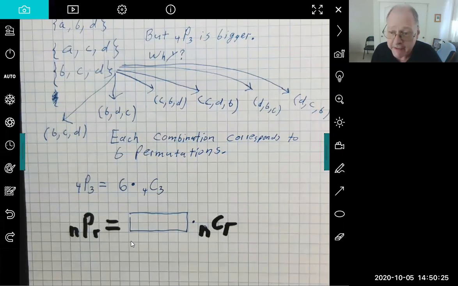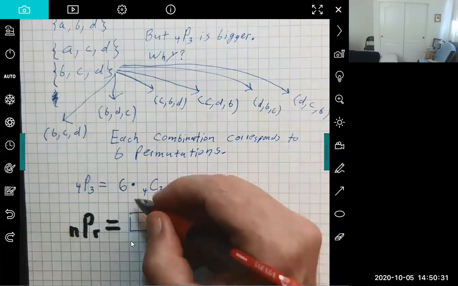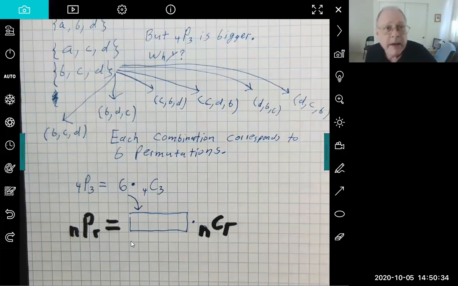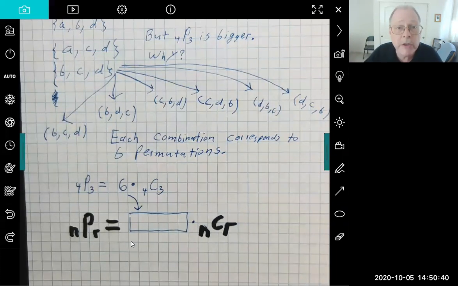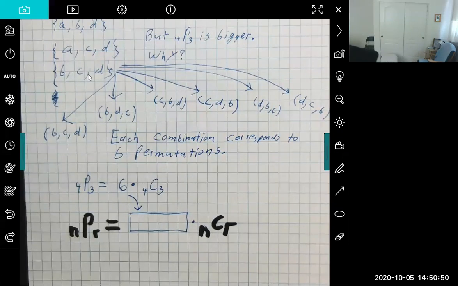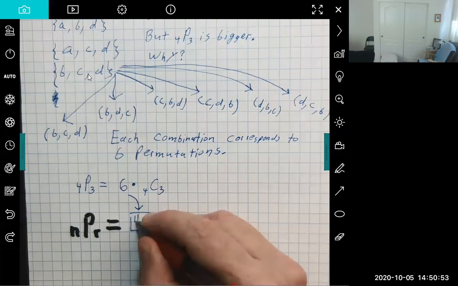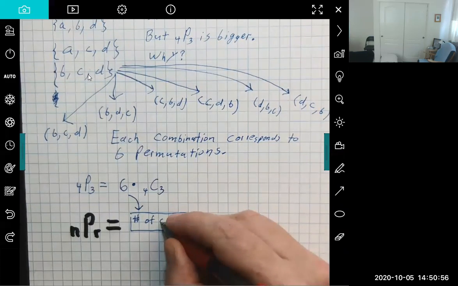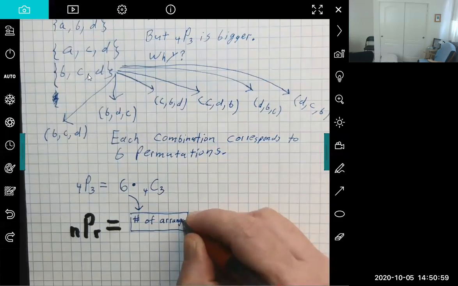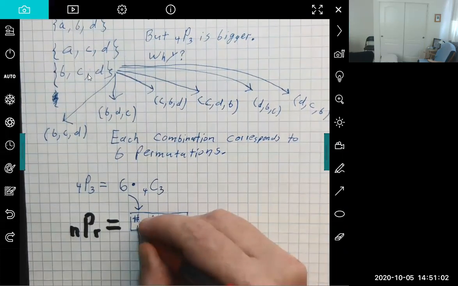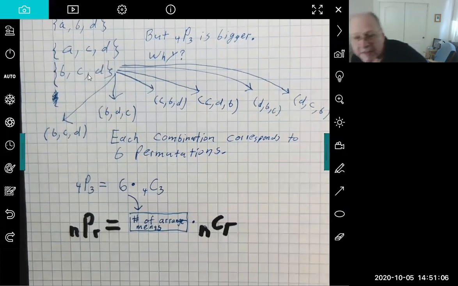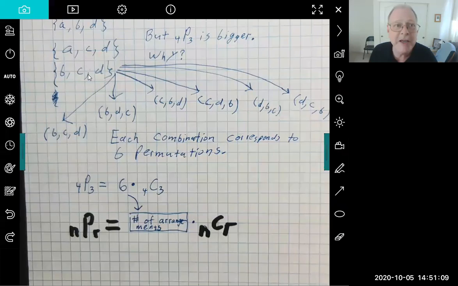So I just drew a box there to fill in. It's the number of ways. The 6 was the number of ways that you could arrange these 3 letters, the number of different orders that you could put the 3 letters in. Sorry for the hyphenization there, but the number of arrangements.